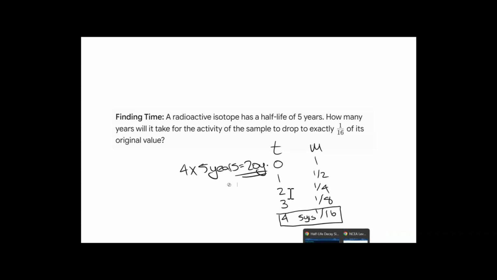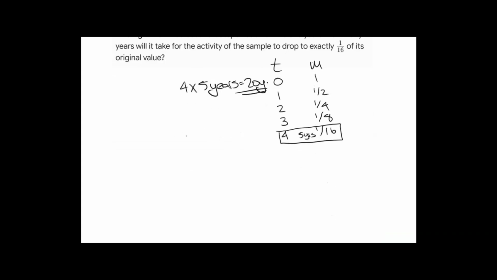Okay, how would we do this mathematically? Let's go into the original equation. We've got 1 over 16 is what we've got at some time. And the half-life is 5, so it's going to be equal to the original amount, which is 1, times half to the power of the time divided by 5 years.